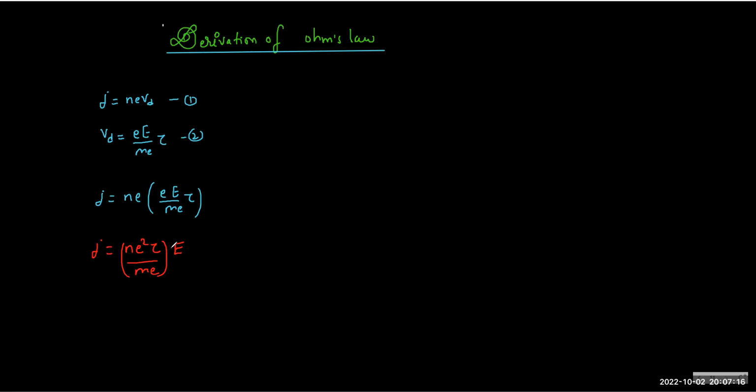For a metal, n is generally constant, e and me are constant, and tau is a temperature dependent quantity. Do you realize this? Yes or no?